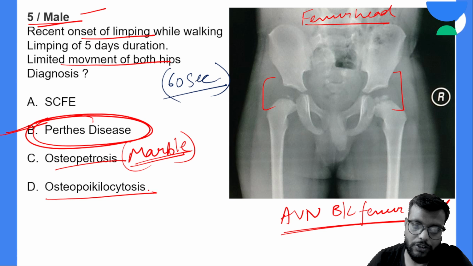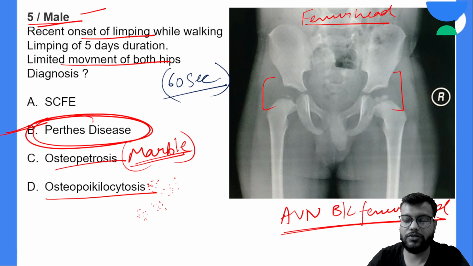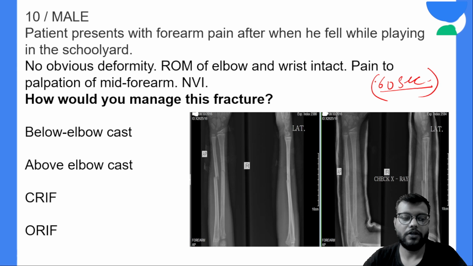And in osteopoikilosis there will be this strip type of calcification at many places, intermittent like this. This is your osteopoikilosis. Okay, now we'll come to this question, and here are your 60 seconds for this question.